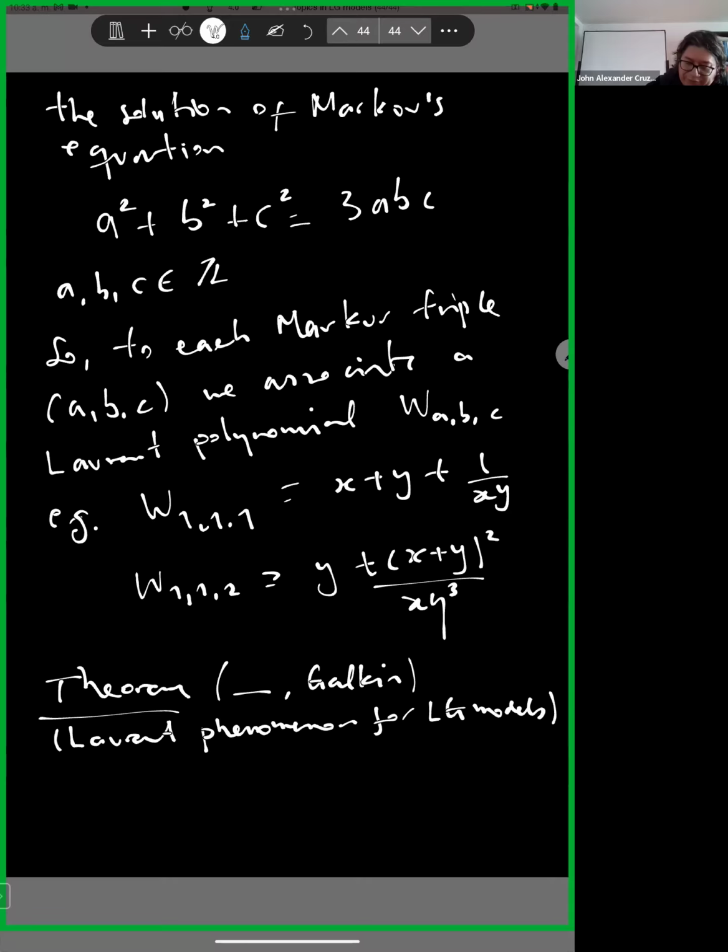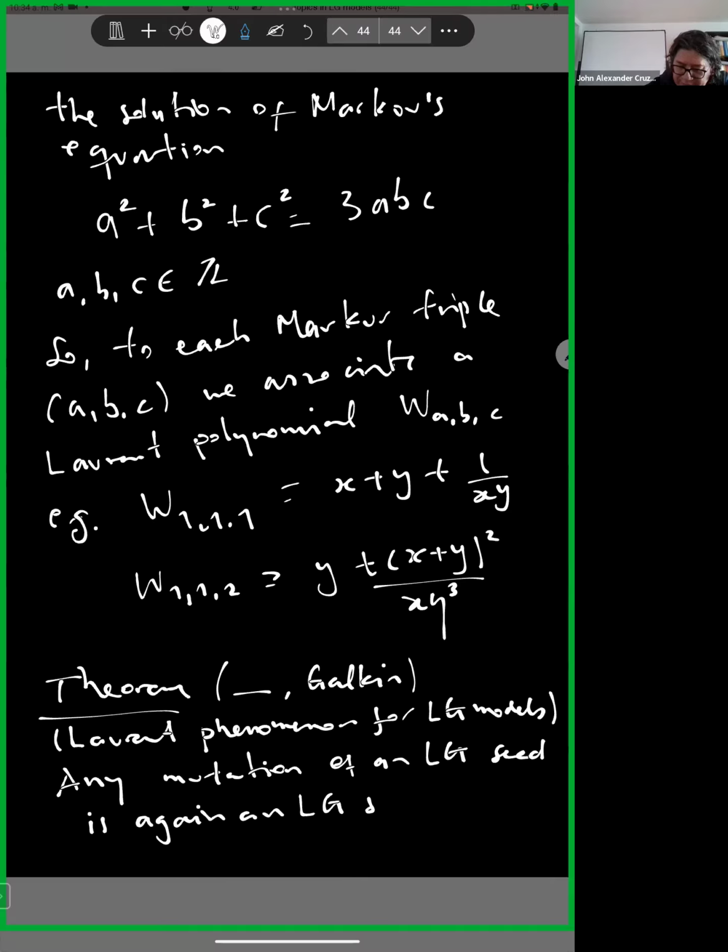The theorem says that any mutation of a Landau-Ginzburg seed is again a Landau-Ginzburg seed.